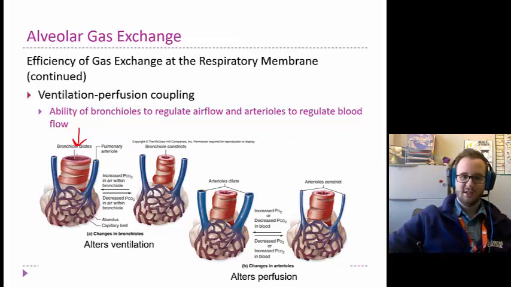Ventilation is going to occur as the bronchioles dilate, and also if you alter perfusion, or the blood supply, to your alveoli, you're going to alter the amount of PCO2 and PO2 inside of your lungs by having more or less gas exchange occur with the bloodstream.